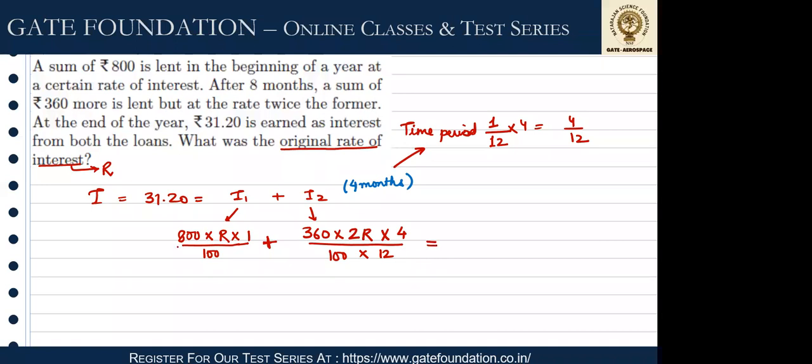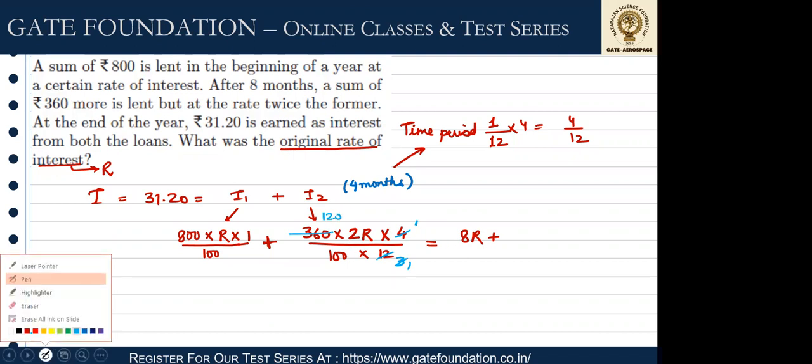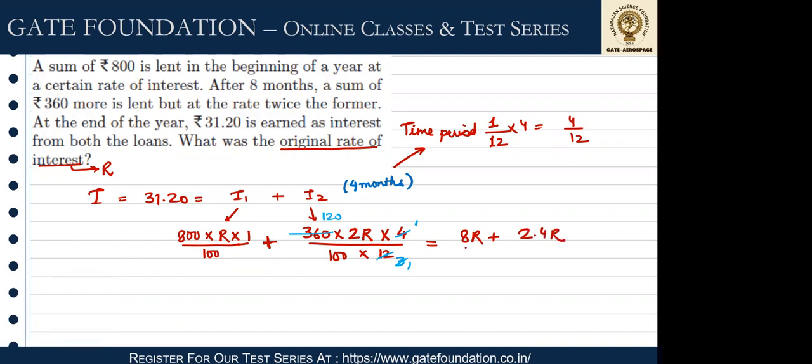Now let's try to solve this one. In the first part you'll get 8R, plus in the second part you'll get 120 and 240, so 2.4R. Right, so 8 plus 2, 10.